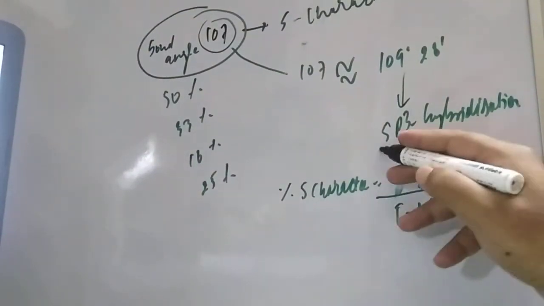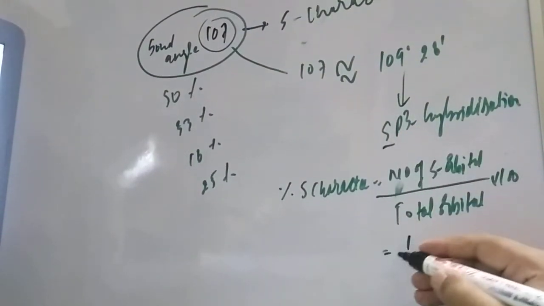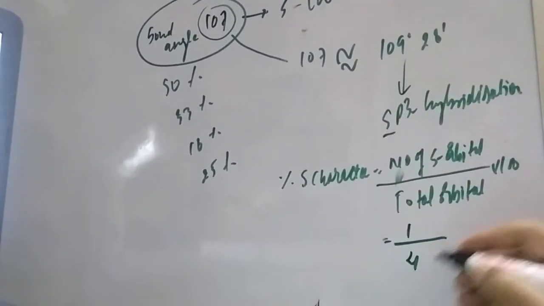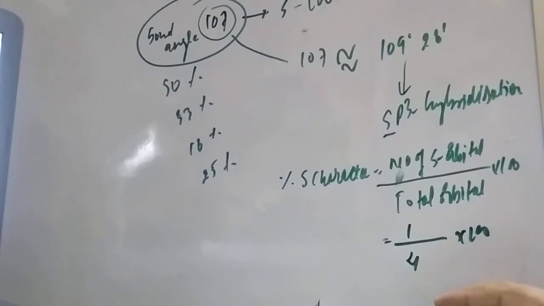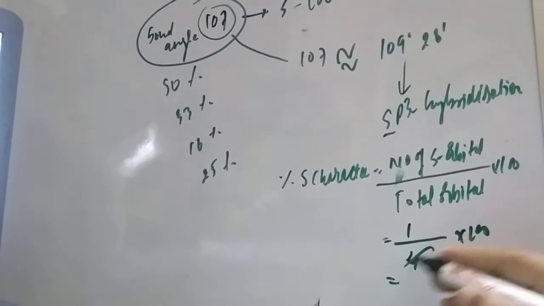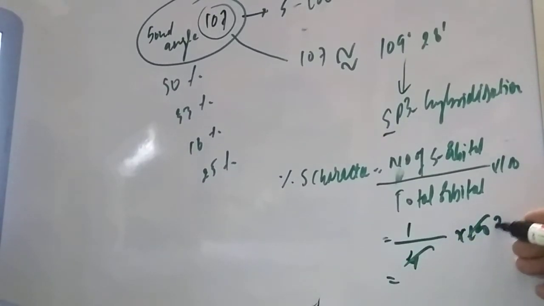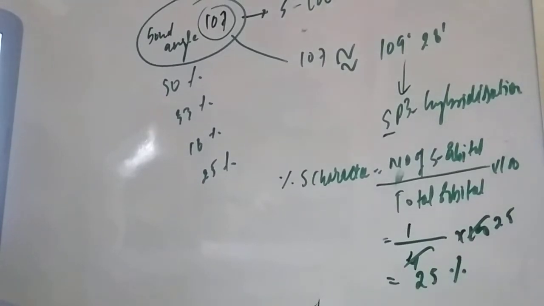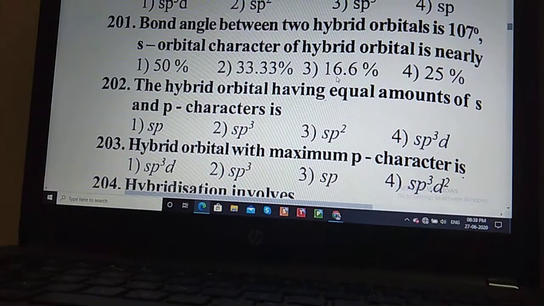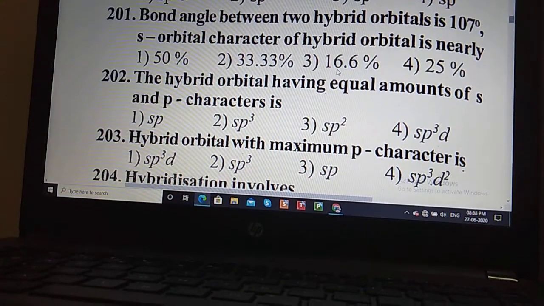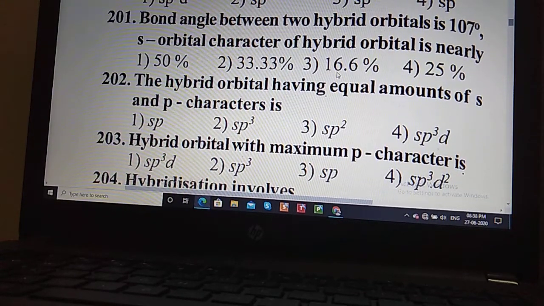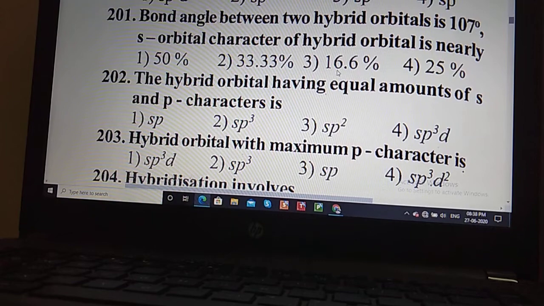In sp3, the number of s orbitals is 1, divided by the total number of orbitals, 3p and 1s, that is 4, multiplied by 100. So it is coming 25%. So the s character is 25%. Now let us check with the options. In 201, option number D is correct, that is option number 4, 25%.